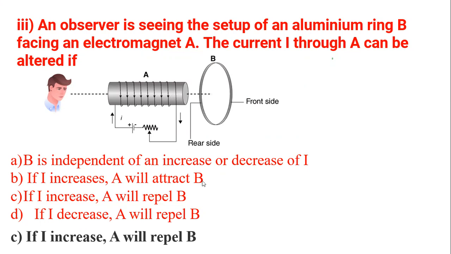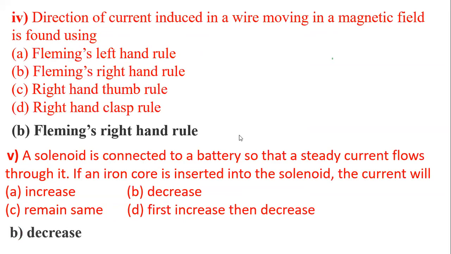That gives the correct idea of how repulsive forces are created between the electromagnet and a metal ring, or a metal rod, whatever. Both give opposite directions, so they both will repel. If you are increasing the amount of current continuously, then both will repel. Got it? Remember. Then go to the next question.